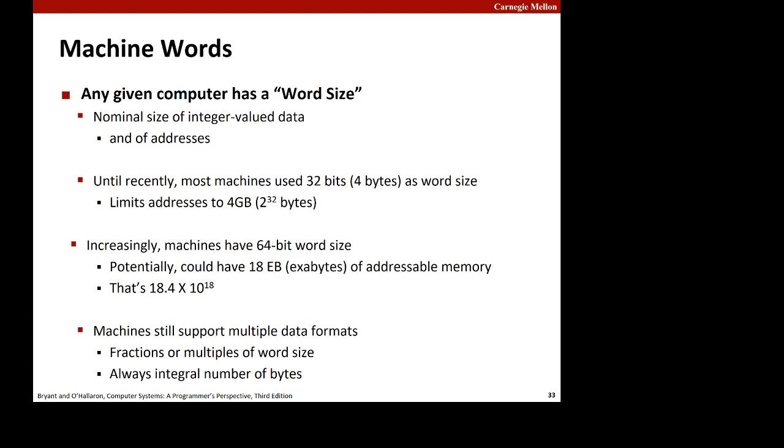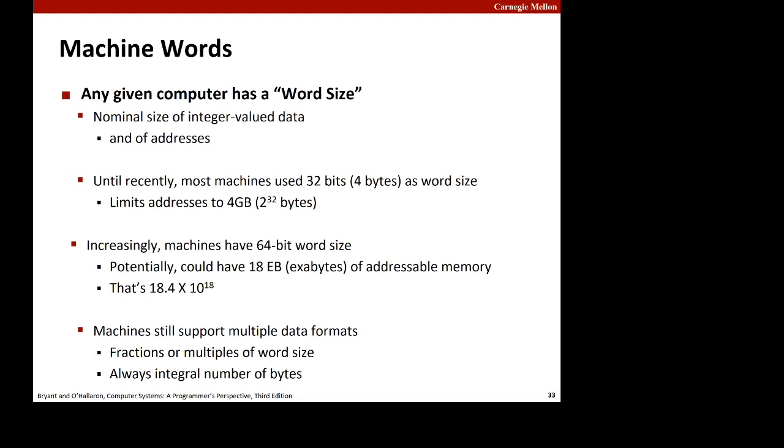We talk about 32-bit machines and 64-bit machines, but most machines, your laptops, your phones, and most desktop machines nowadays, can run code compiled for either 32-bit execution or for 64-bit execution. So it's really a combination of the hardware and the compiled code that defines what word size is.